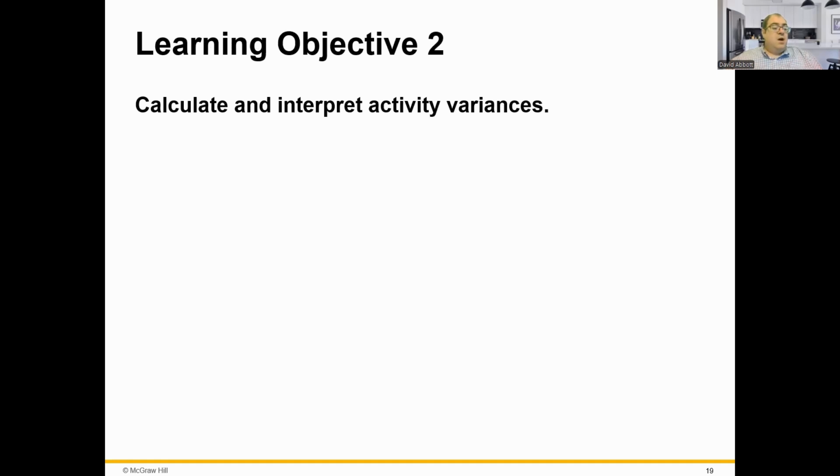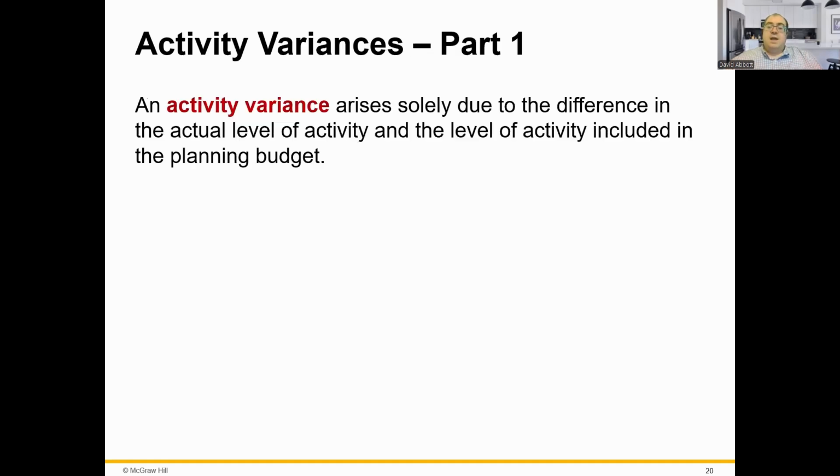All right. So now we'll look at calculating and interpreting activity variances. An activity variance arises solely due to the difference in the actual level of activity and the level of activity that is included in the planning budget.